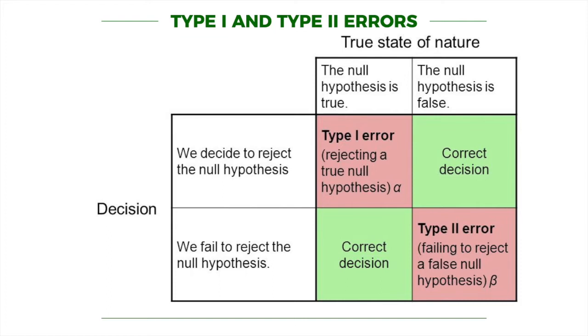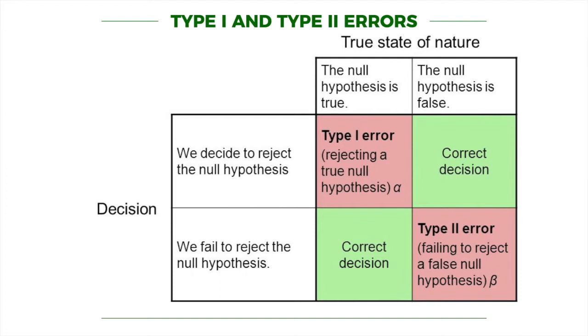Now let's say the true state of nature is that the null hypothesis is actually false. When you decide to reject this false null hypothesis, then you made the correct decision. However, if you accepted what was supposedly a false null hypothesis, then that is a type 2 error.